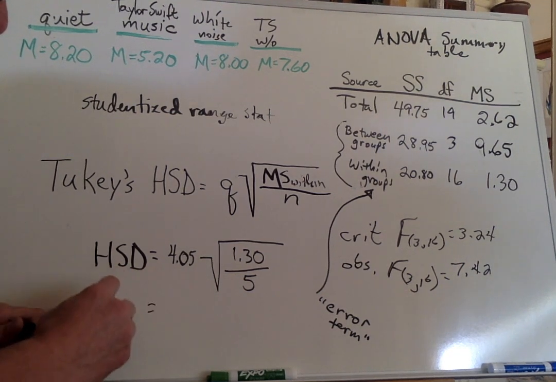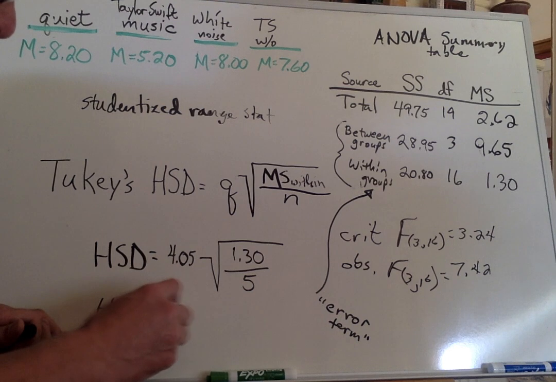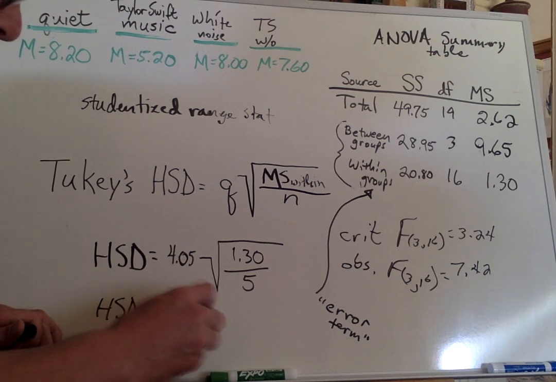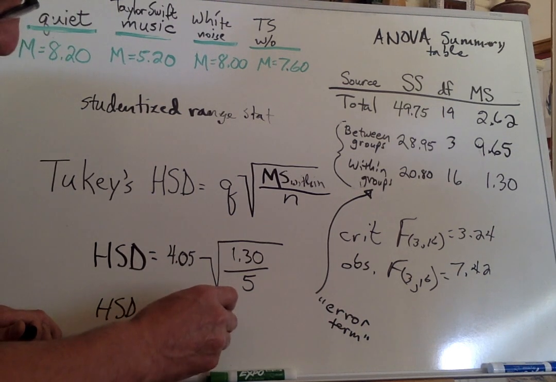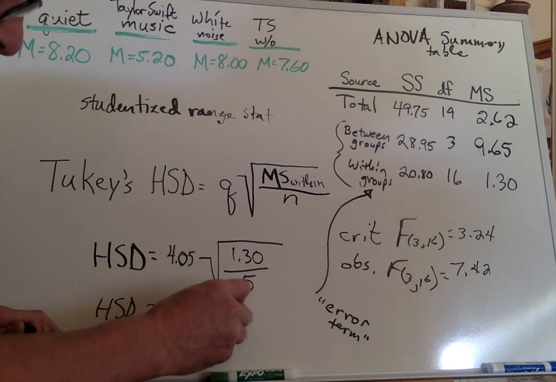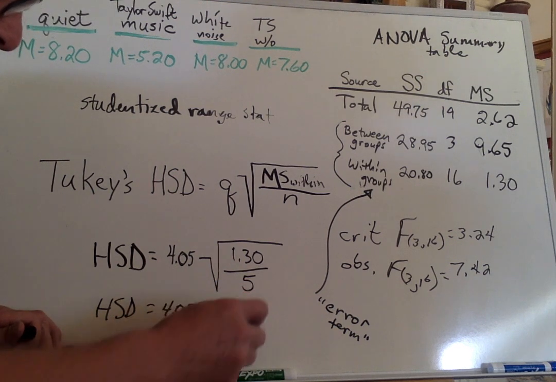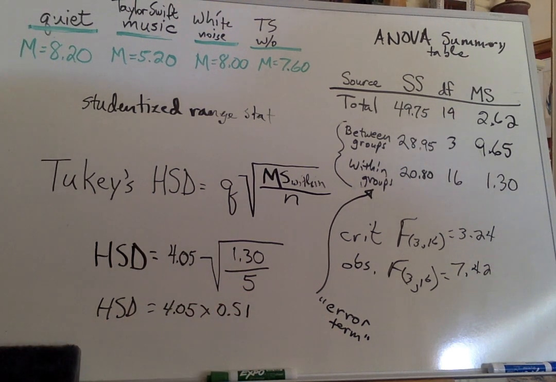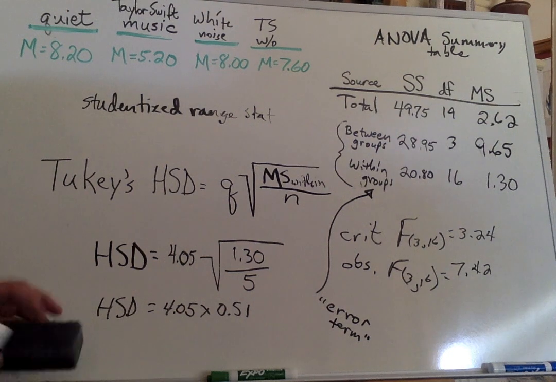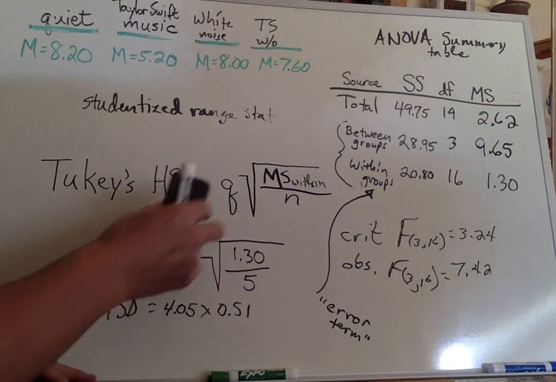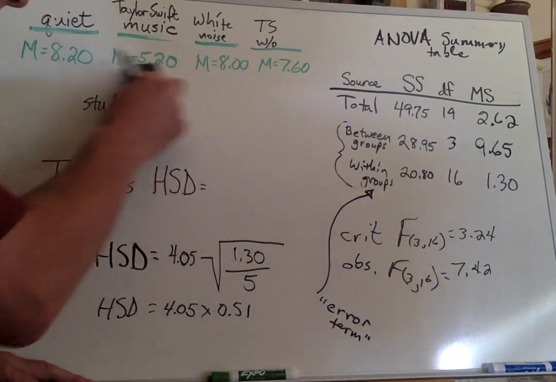So HSD is equal to 4.05 times 0.51. And so 4.05 times 0.51 equals 2.06. Okay? Our HSD in this case is 2.06.